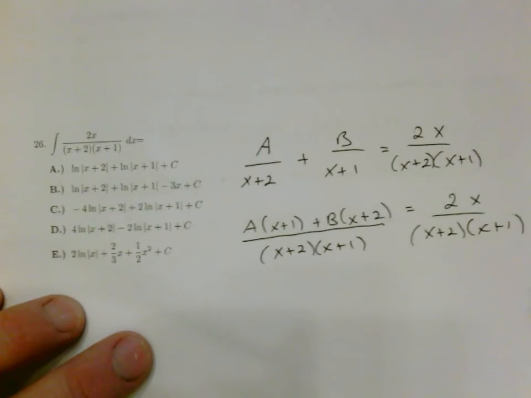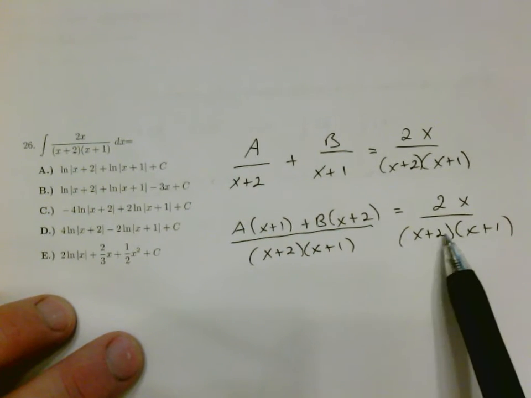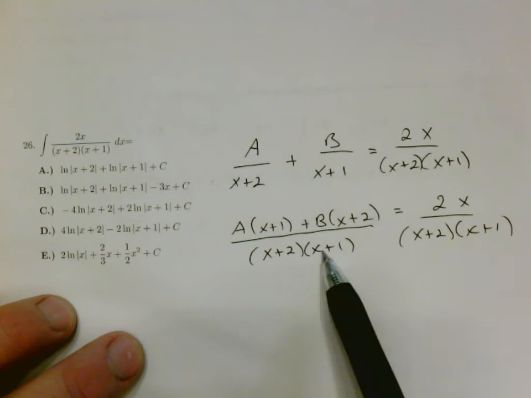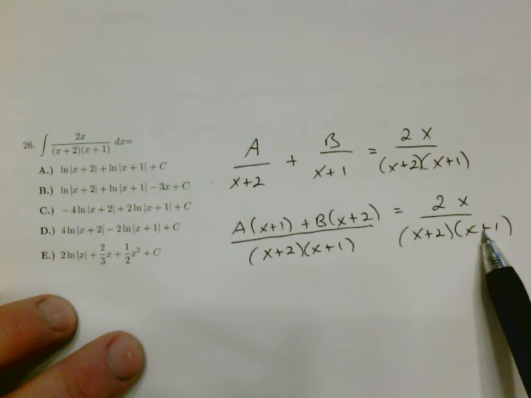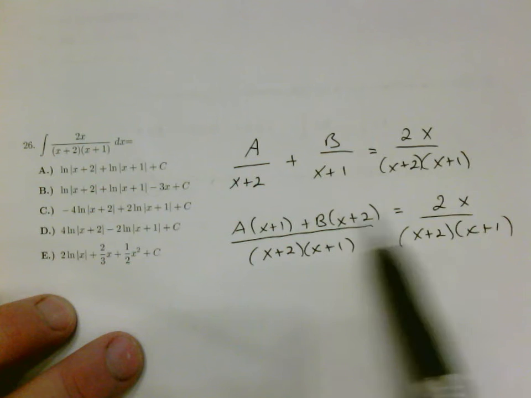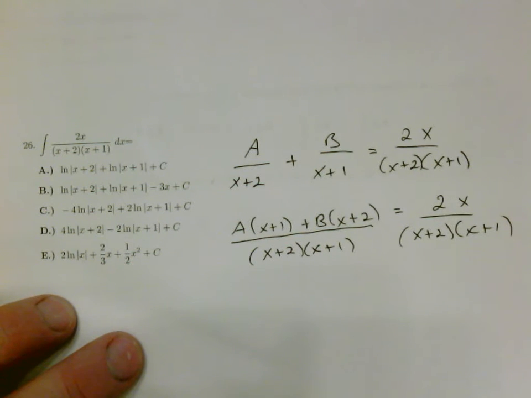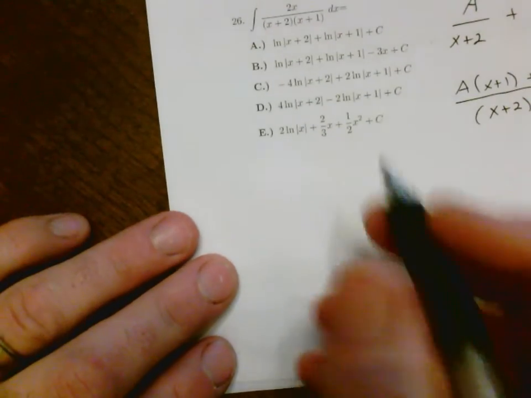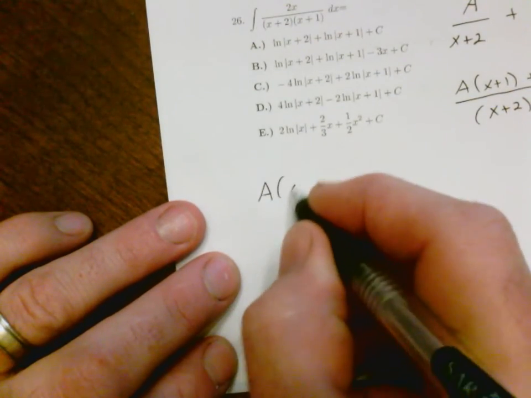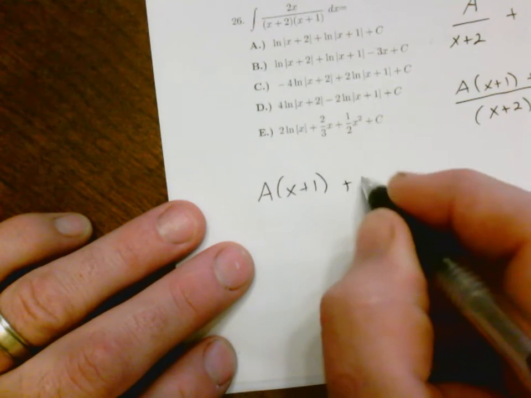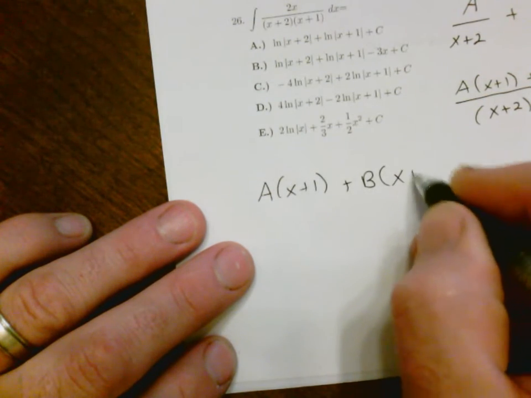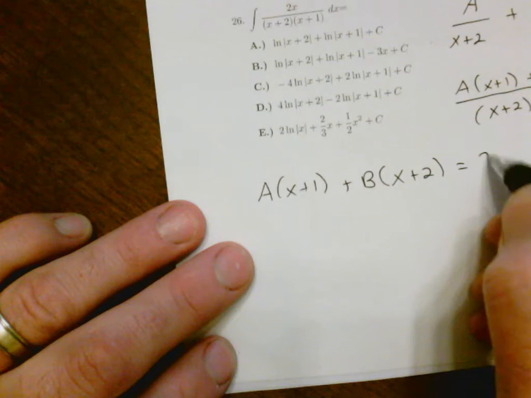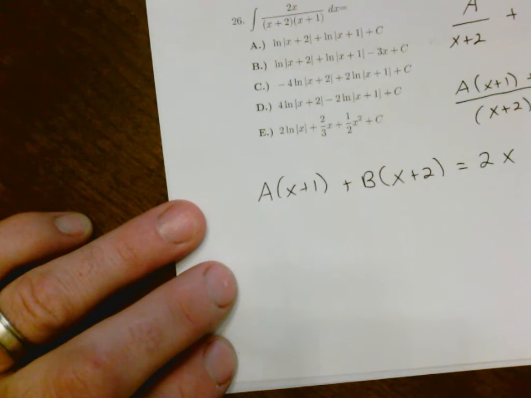Now, what I was saying a second ago was that if these two fractions are equal to each other and the denominators are equal to each other, then the only way that's possible is if the numerators are equal to each other. So I'm simply going to ignore the denominators and just go right to the numerators. Okay? So I have a times x plus 1 plus b times x plus 2, and that's going to be equal to 2x.